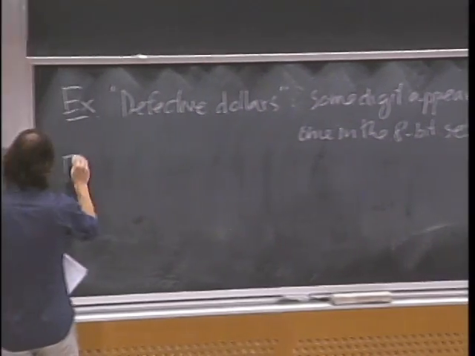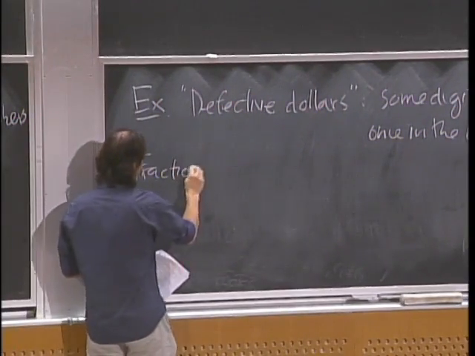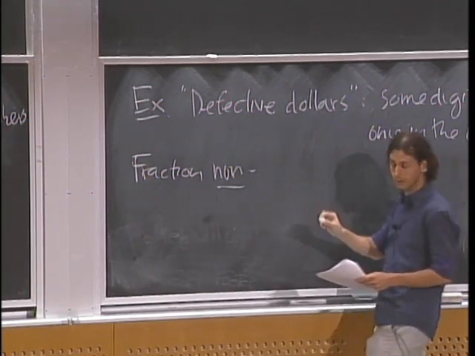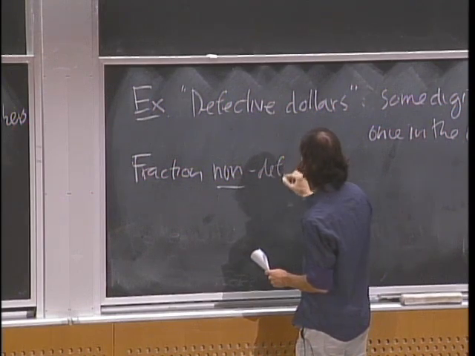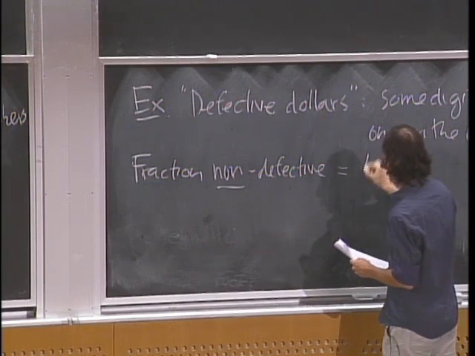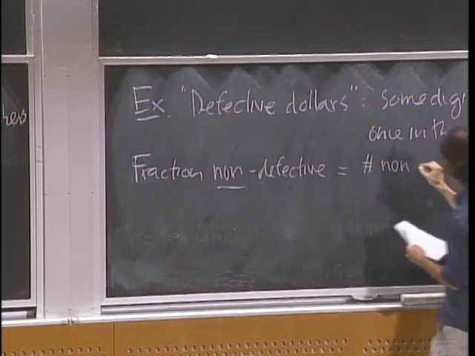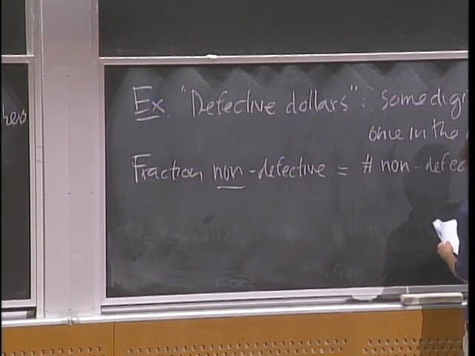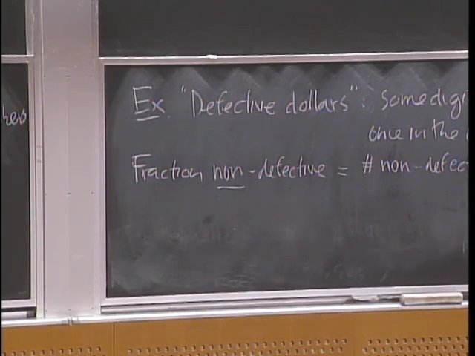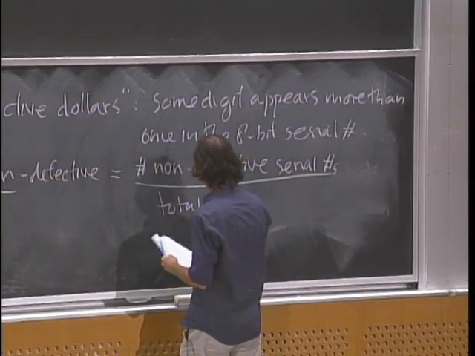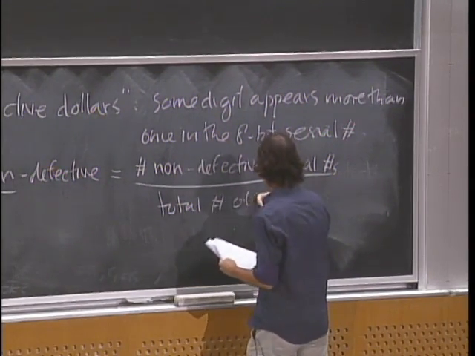So let's look at a fraction of the non-defective. We are counting the opposite of the defective bills. That's the number of non-defective serial numbers, divided by the total number of serial numbers.